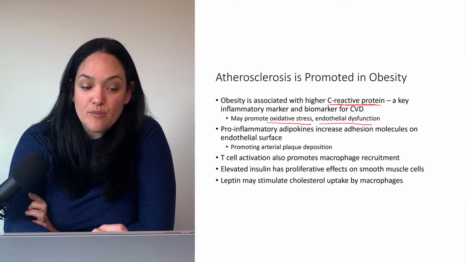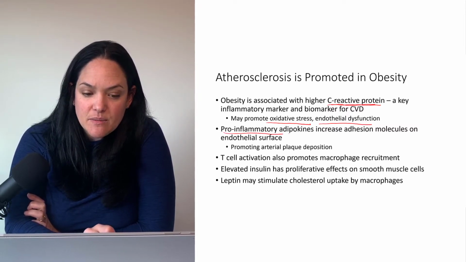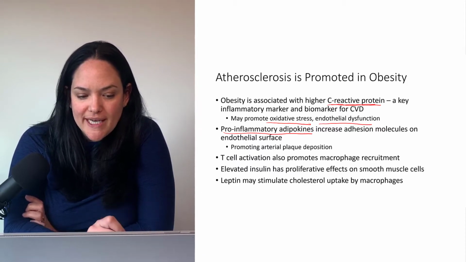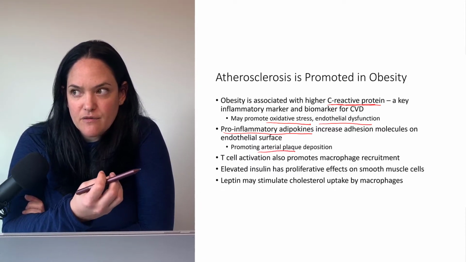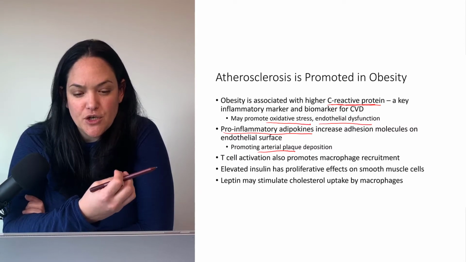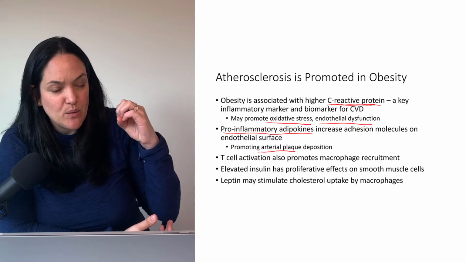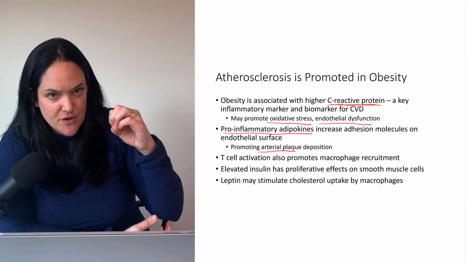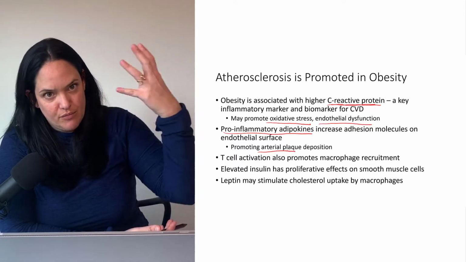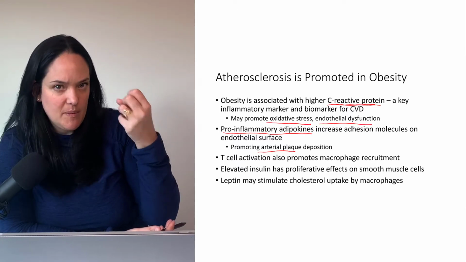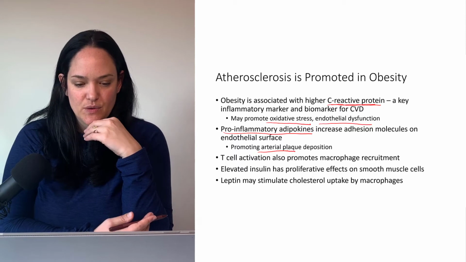The pro-inflammatory adipokines secreted by adipose tissue might also increase the amount of arterial plaque formation due to the higher levels of adhesion that we see on the endothelial cells, promoting again more of that narrowing, that buildup that we see in atherosclerosis.